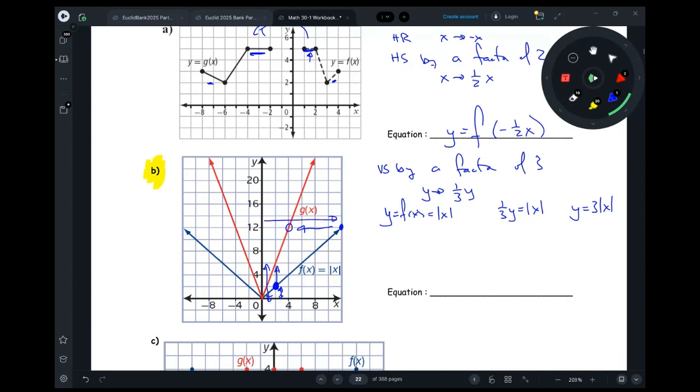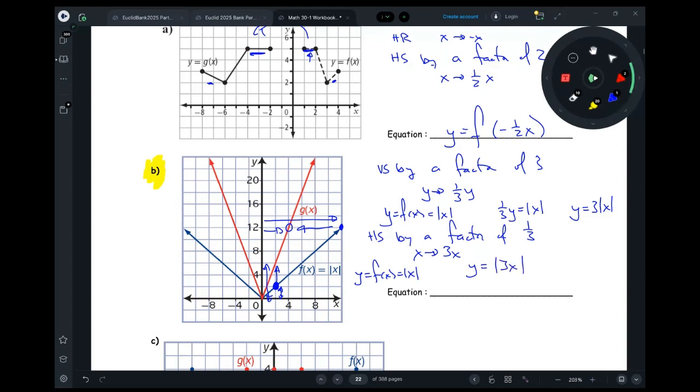That was going to be 12, and now it goes to 4, which indicates a horizontal stretch by a factor of 1/3. So in other words, I was replacing x with 3x. So y is equal to f of x, which is the absolute value of x, became y is equal to the absolute value of 3x.